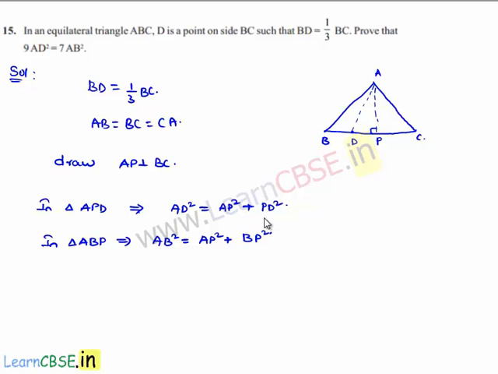Now let us subtract both the equations in order to eliminate AP square. Then we get AD square minus AB square is equal to PD square minus BP square, which implies, let us make AB square the subject, then we get AB square equal to AD square plus BP square minus PD square.